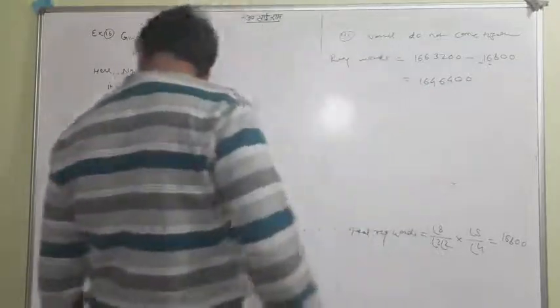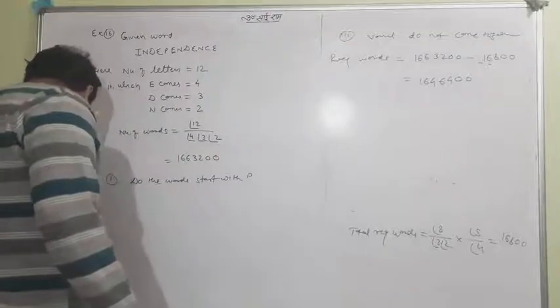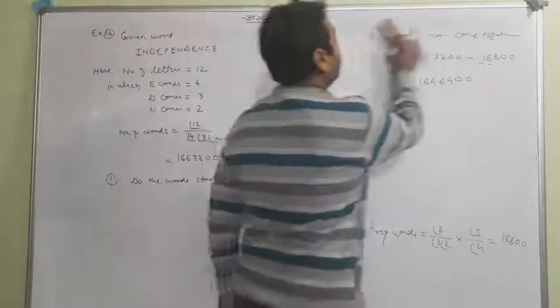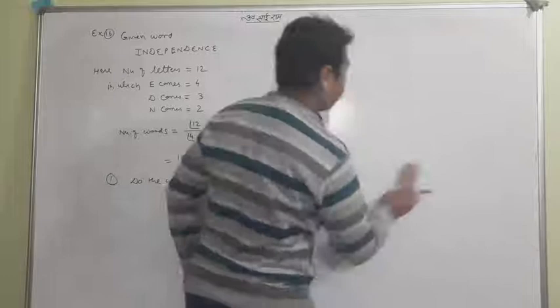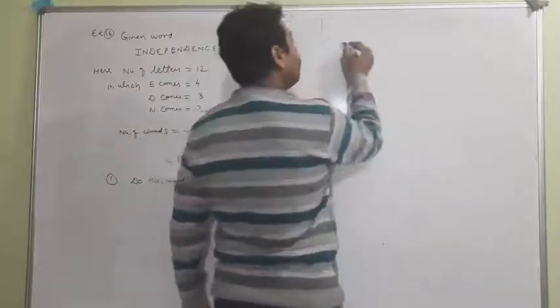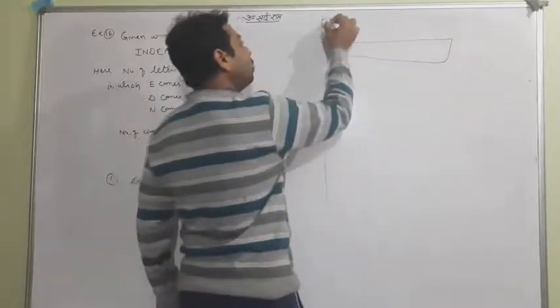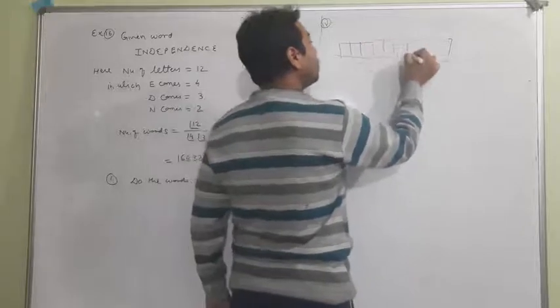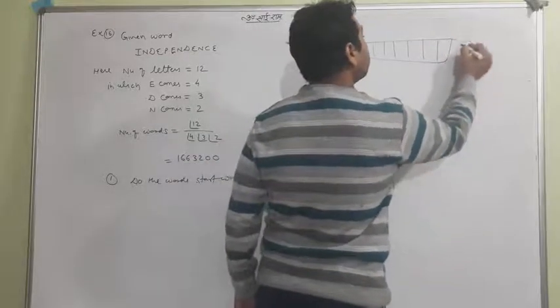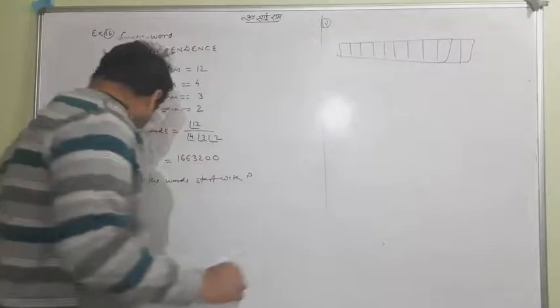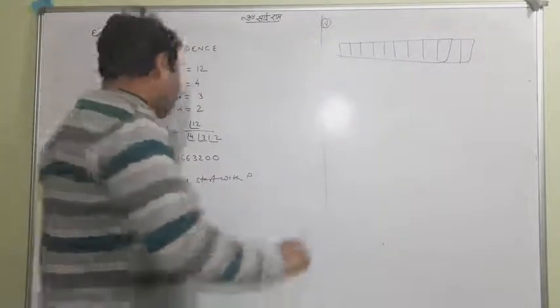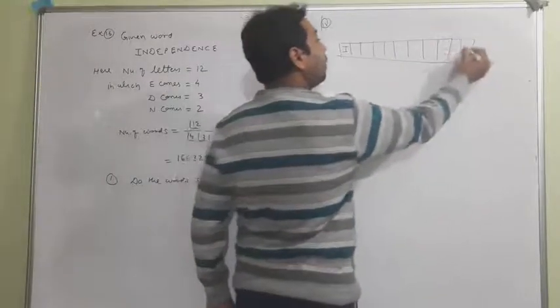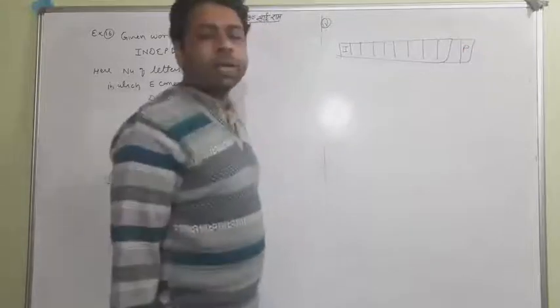Okay, so the last question is with us. We have to find the words that begin with I and end with P. Last question, so I will make the box again. Fourth one I am telling you. 1, 2, 3, 4, 5, 6, 7, 8, 9, 10, 11, 12. The question says, words begin with I and end with P. I don't want to write much about that, you know it now.